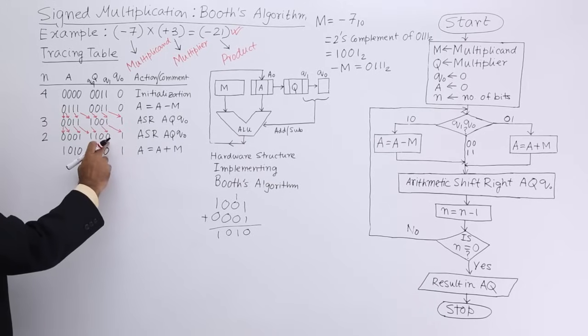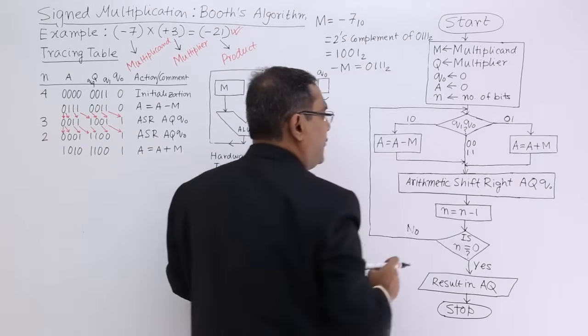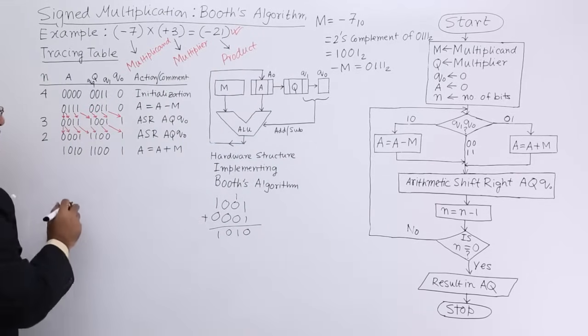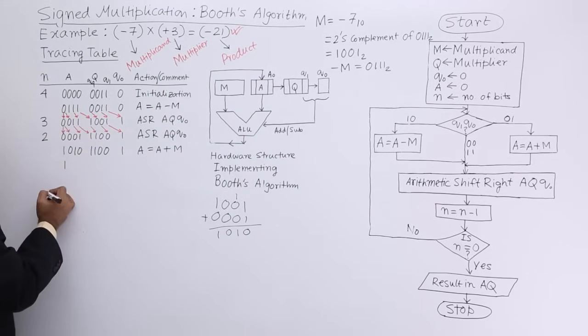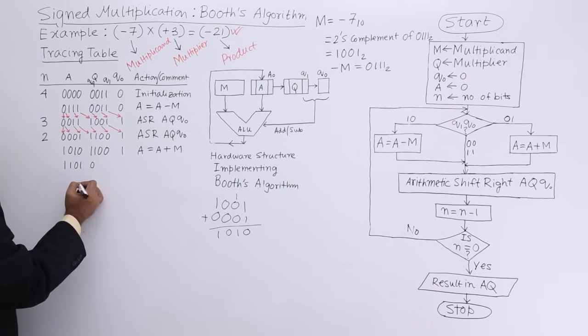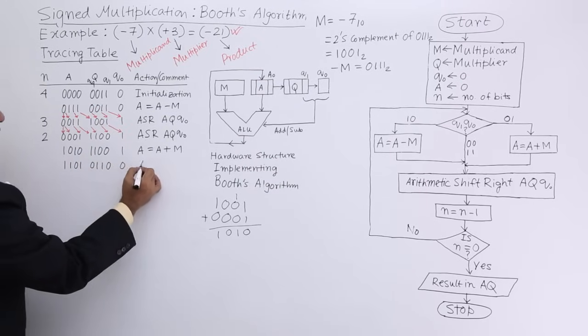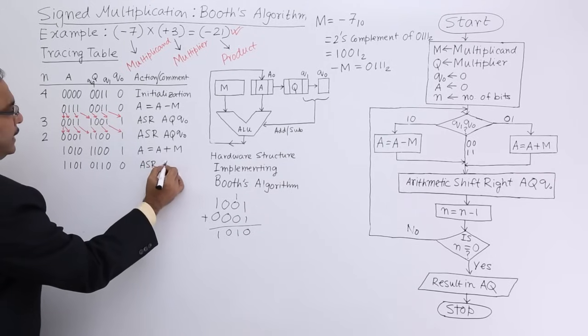Because 0 1 means I shall be doing A is equal to A plus M. Then I shall go for arithmetic shift right. So this 1 will be restored, 1 0 1 0, 1 1 0 0. That is my arithmetic shift right A Q Q 0.